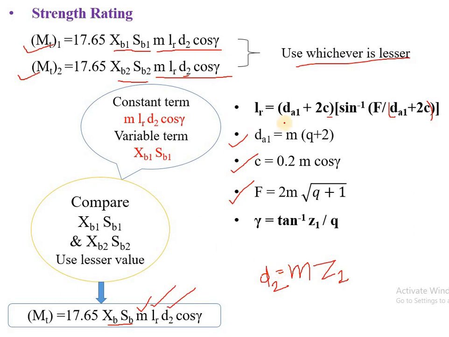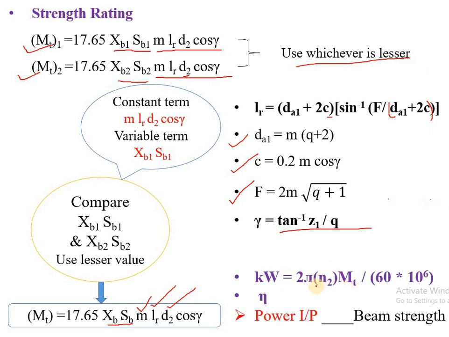And gamma is tan inverse of Z1 by Q. So after calculating the value of MT over here, then N2, as your design is based on worm wheel, so you have to use N2. So this will give you output power, and efficiency you have to calculate by the formula which we have seen in the previous slide. So by using these two values, you have to calculate power input based on beam strength.